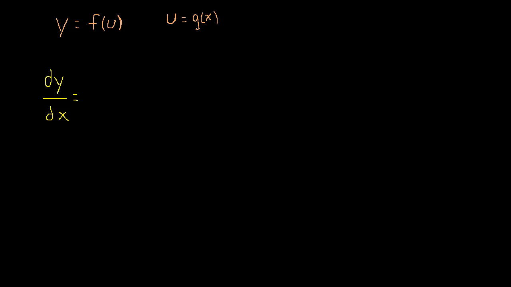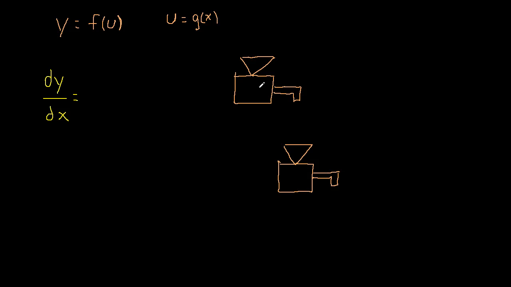But before I do that, let's think more about this composite. Here's another visual to hopefully help you understand this process a little better. Maybe you've seen this before. I call them function machines. We have two functions in this picture, a function g and a function f, and our very first function is g.